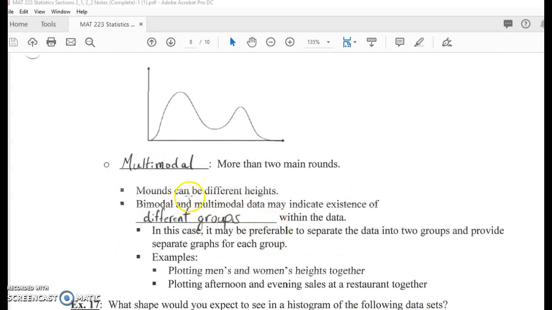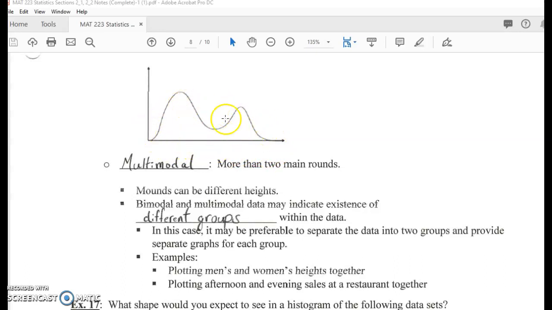Mounds can be different heights. Bimodal and multimodal data usually, or may, indicate the existence of different groups within the data. You can imagine we're plotting heights of people, and this might indicate where more of the women are, and this might indicate where more of the men are, just because men are typically taller. So you see the taller heights over here, the shorter heights over here.